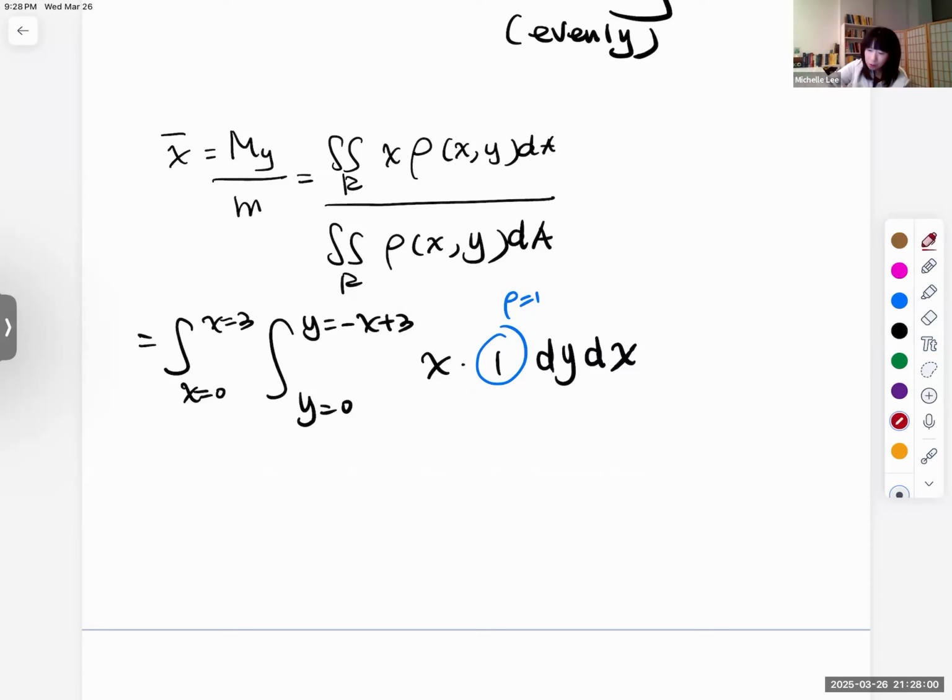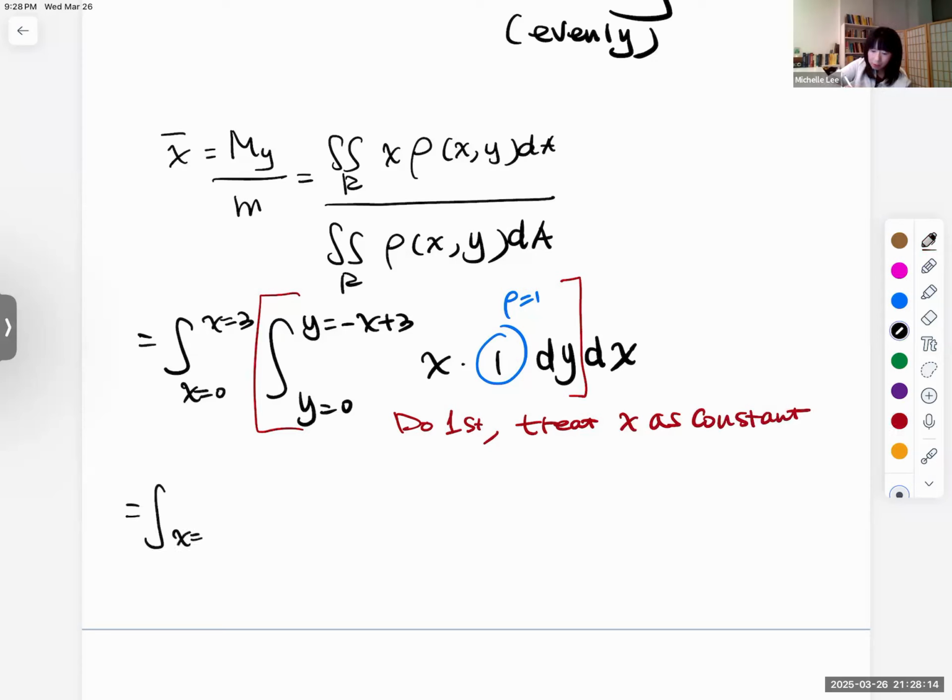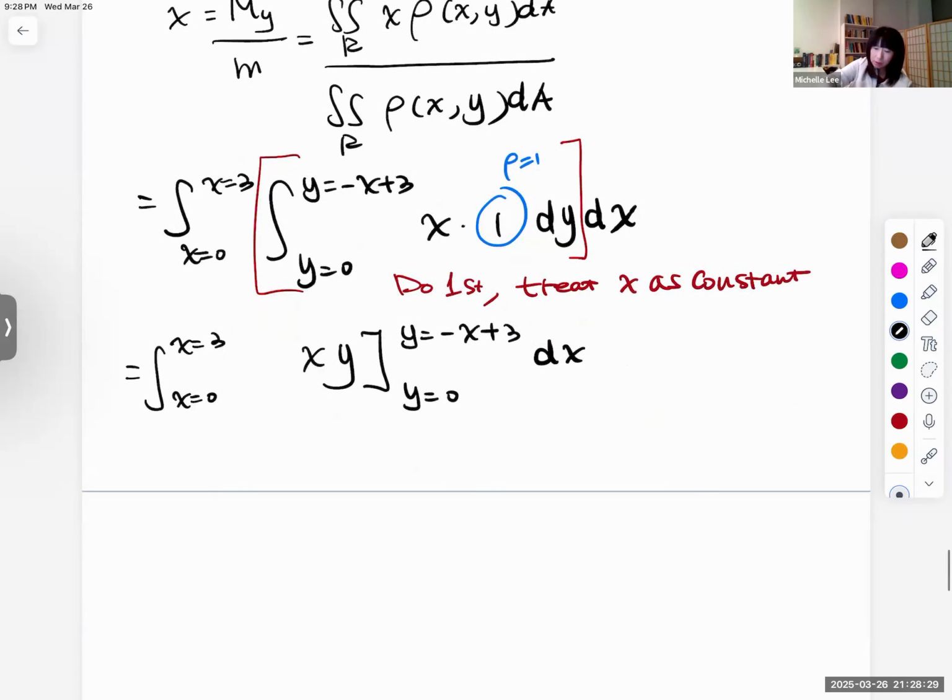We want to integrate with respect to y, treating x as a constant. So we have x from 0 to 3, x is a constant, keep that, then y from 0 to negative x plus 3, dx.